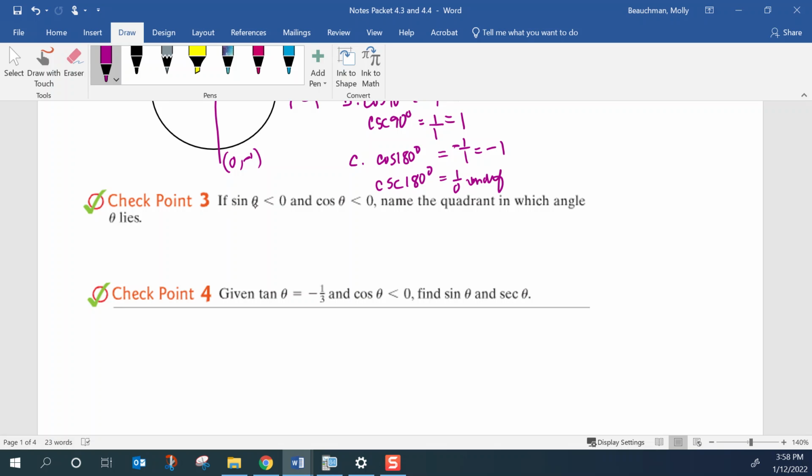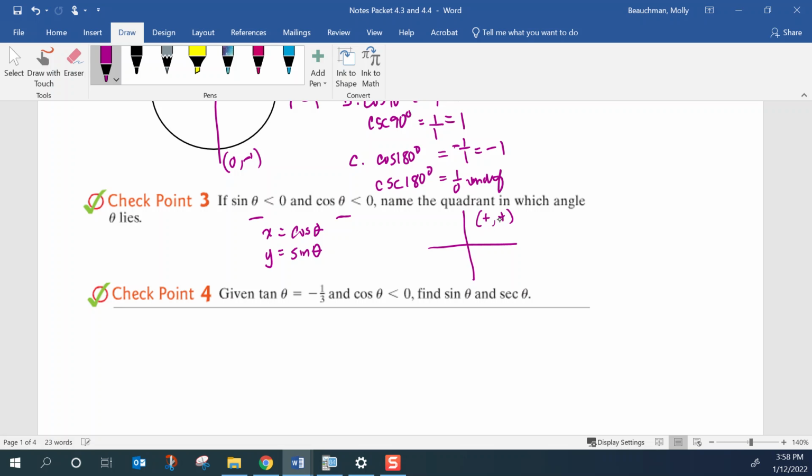Checkpoint 3: if the sine is less than 0, so that tells us that the sine is negative, and the cosine is less than 0, name the quadrant in which the angle theta lies. So where are the sine and cosine both negative? Remember that cosine is your x-coordinate, sine is your y-coordinate. So which quadrant?